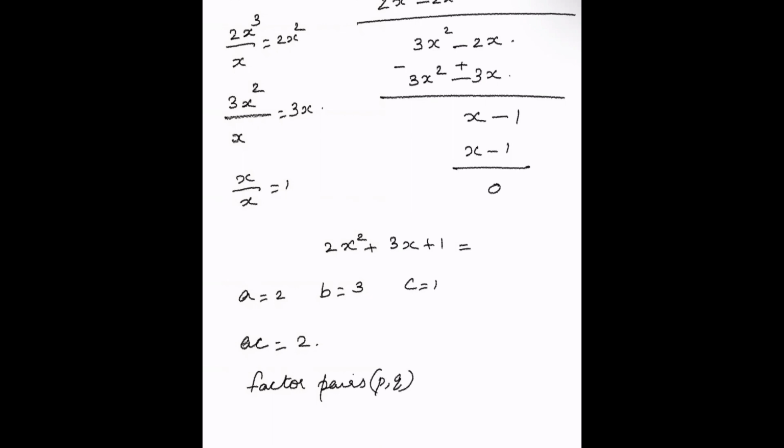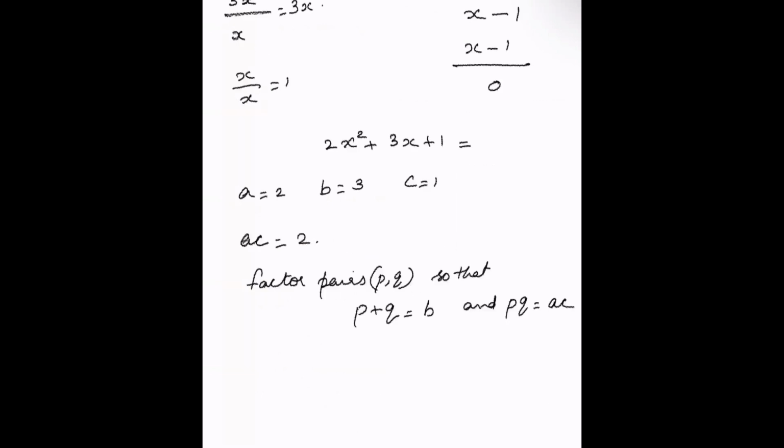I have to find factor pairs P and Q so that P plus Q is B and P into Q is AC. If I factorize 2, I'm getting 2 and 1. So 2 plus 1 gives me 3, and 2 into 1 gives me 2.